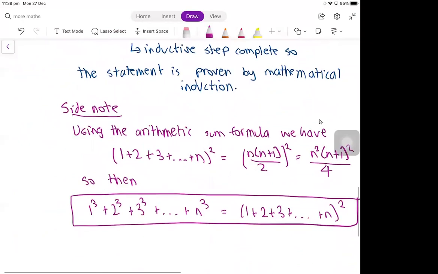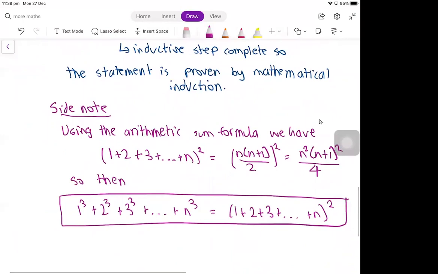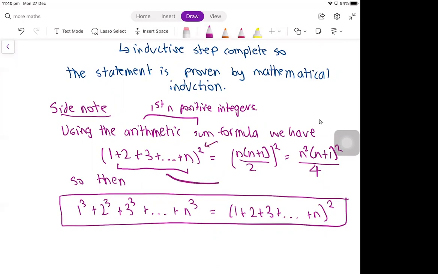And have a side note over here. So if we use the formula for the arithmetic sum of the first n positive integers, we'll have the sum of the first n positive integers and then squared is equal to (n times (n plus 1) over 2) squared.